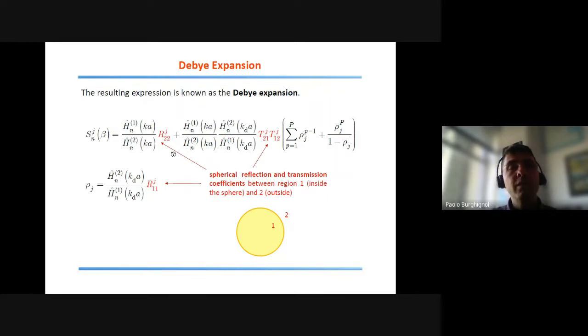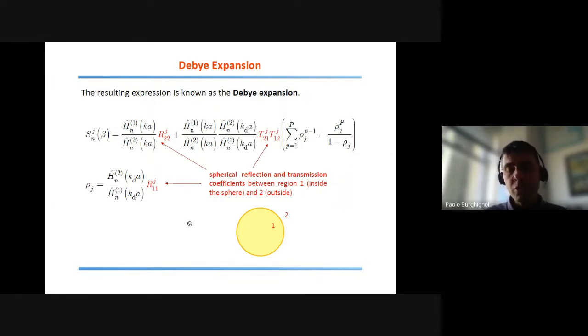As you can see here, you can find the spherical reflection coefficients R, and the spherical transmission coefficients T. If you employ this form of the amplitude coefficients S, you are working in the same way as Peter Debye worked in his seminal paper, which appeared in the 1920s, and this expansion is therefore known as the Debye expansion.